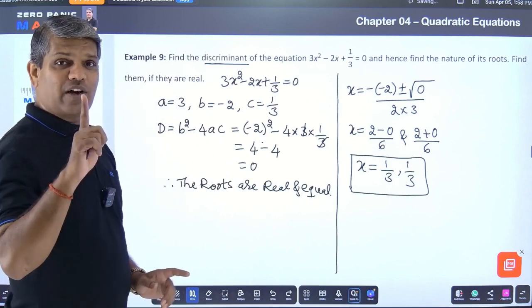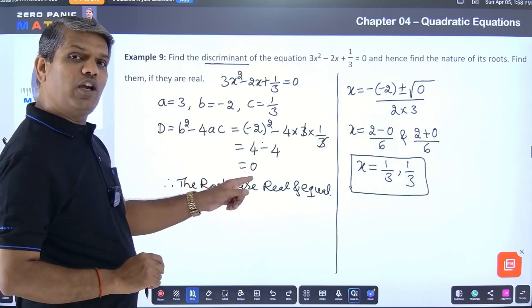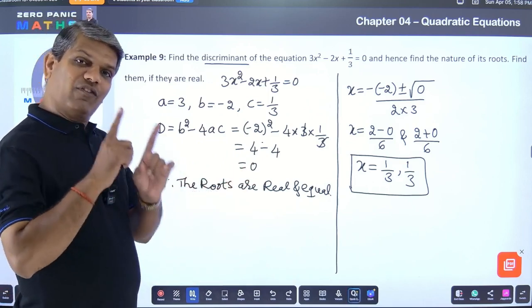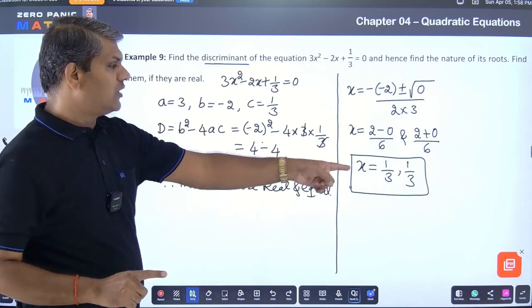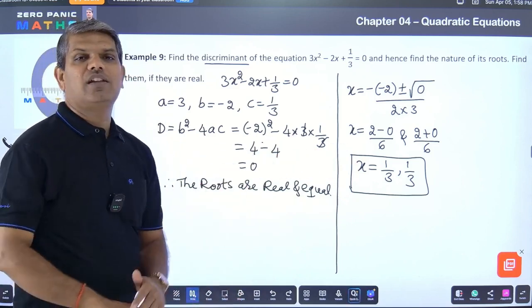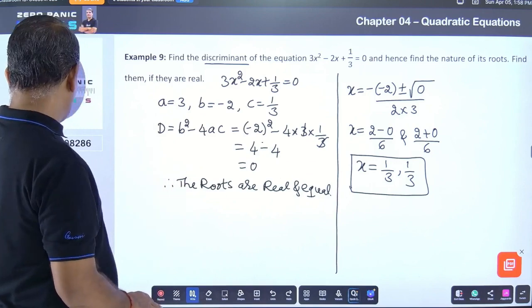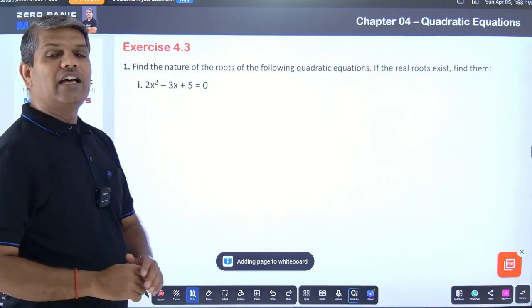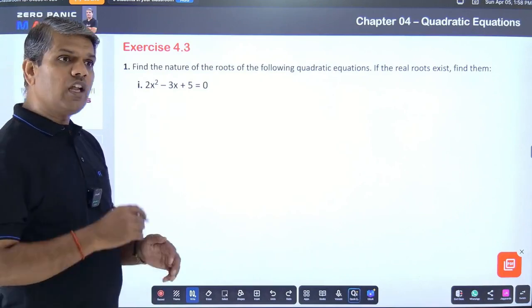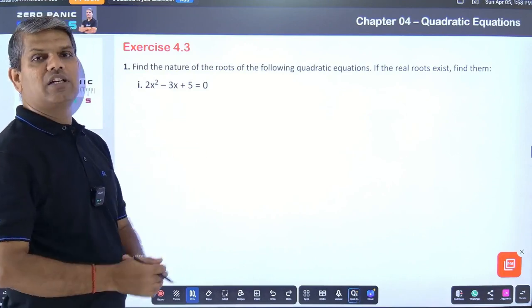Now you understood the nature of the roots. Since the discriminant is equal to 0, you are going to get two real and equal roots, and those roots are these. This is how we decide the nature of the roots of a quadratic equation based on the discriminant value.